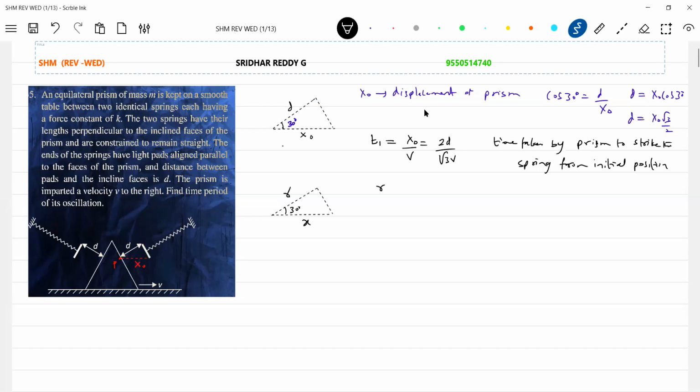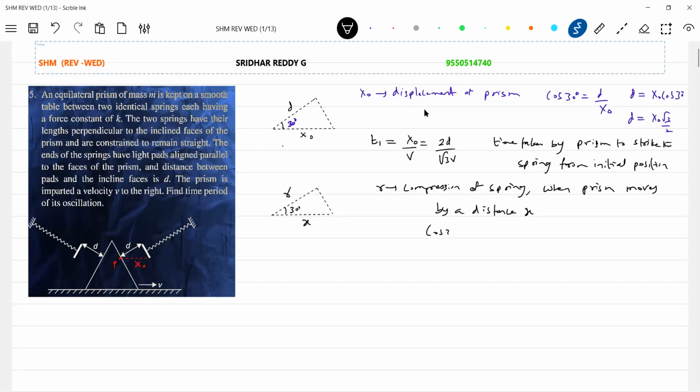R is the compression of the spring when the prism moves by a distance x. Okay, getting the idea now. R is the compression.